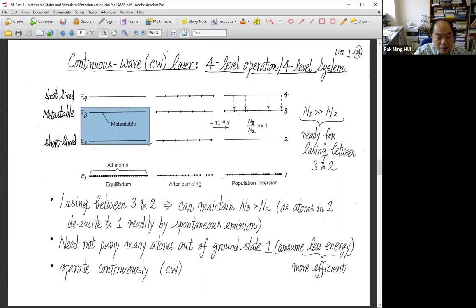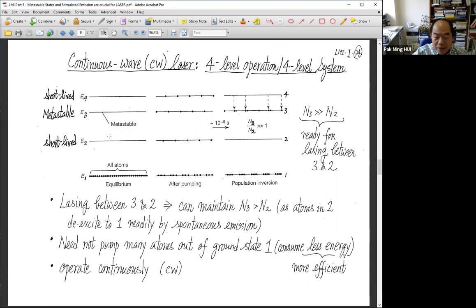Instead, choose a pair, E3 and E2, inverse populate 3, and then use the 3 to 2 transition as the lasing action.